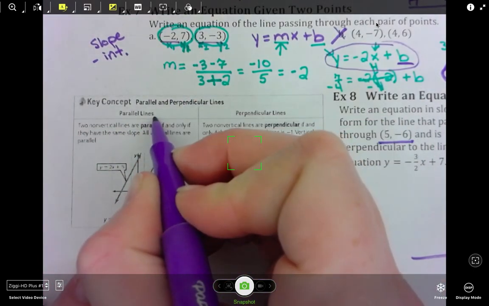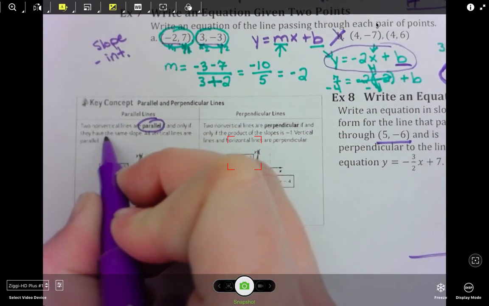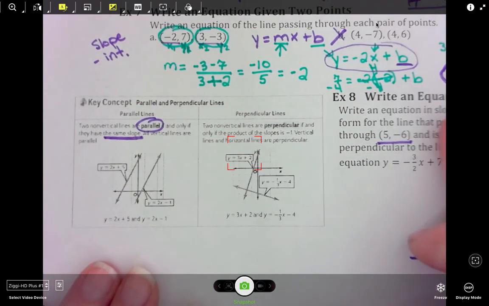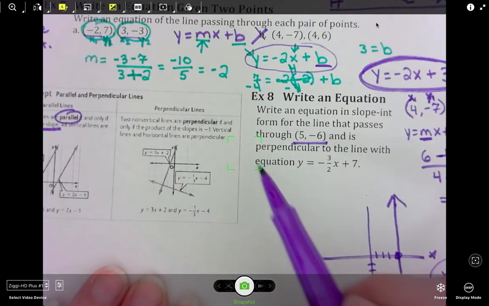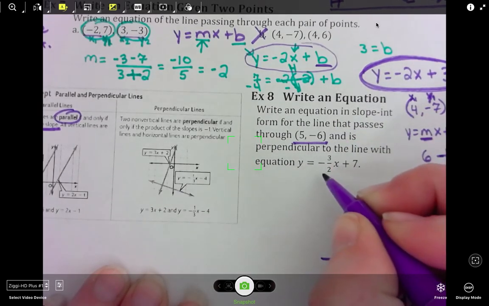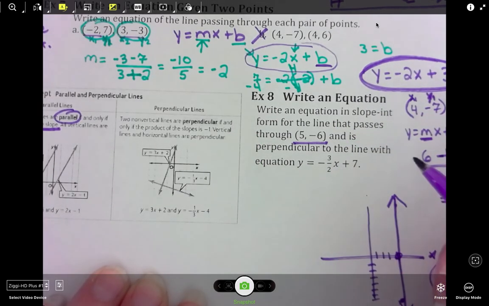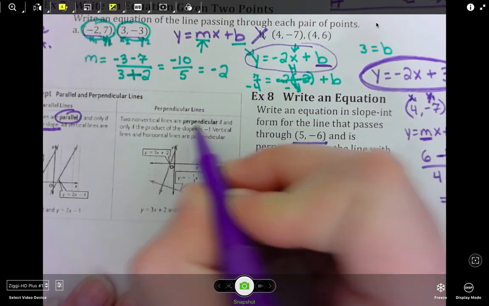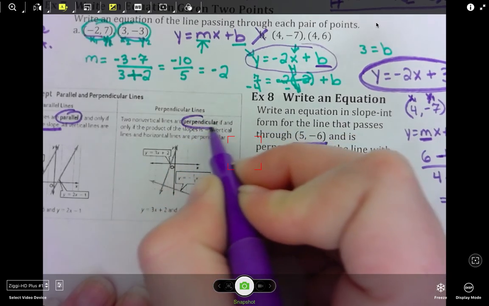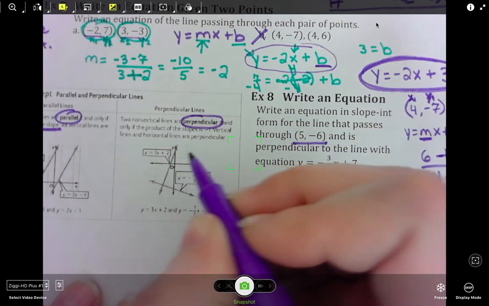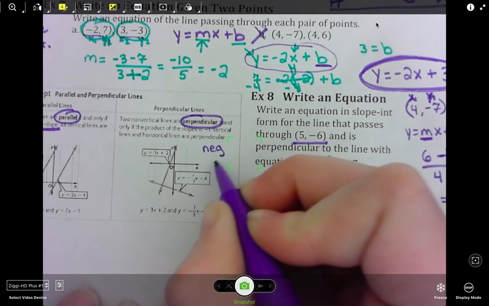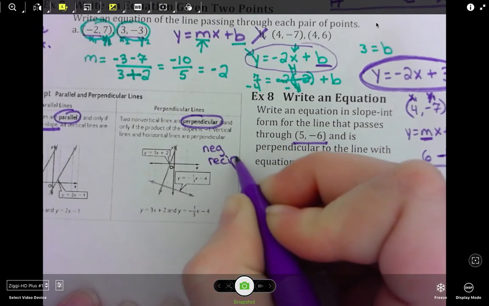If two lines are parallel, they have the same slope. Underline where it says same slope, okay? So if I wanted to know a line that was parallel to this one, the slope is -3/2, it would also have to have a slope of -3/2. This one I want is perpendicular, and slopes that are perpendicular are negative reciprocals of one another.